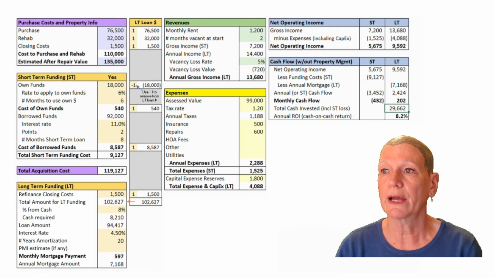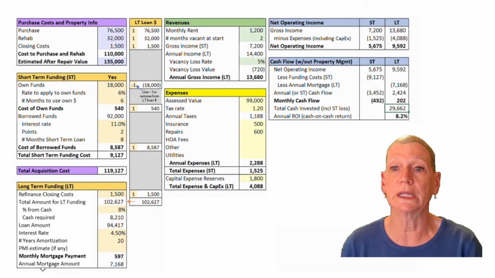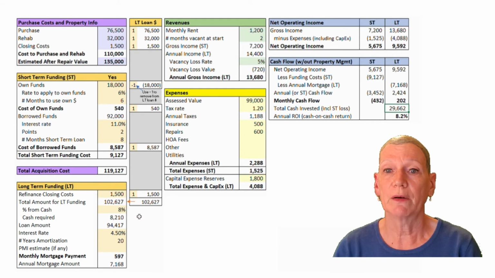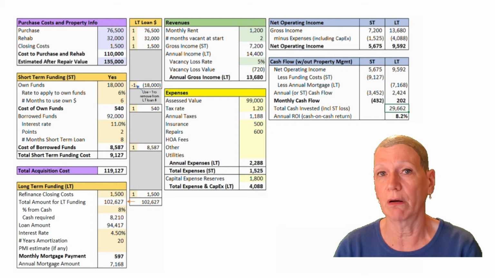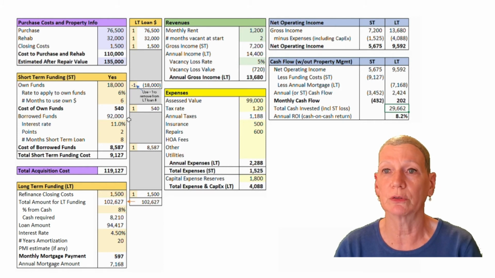Now, the total cash invested, though, is going up higher, right? Because I've put in now an amount here by, in effect, not covering all of my costs. So this total cash invested is a number that takes into account all the different places here where we've said that we're putting our own cash in. It's our own funds that we didn't try to refinance out.